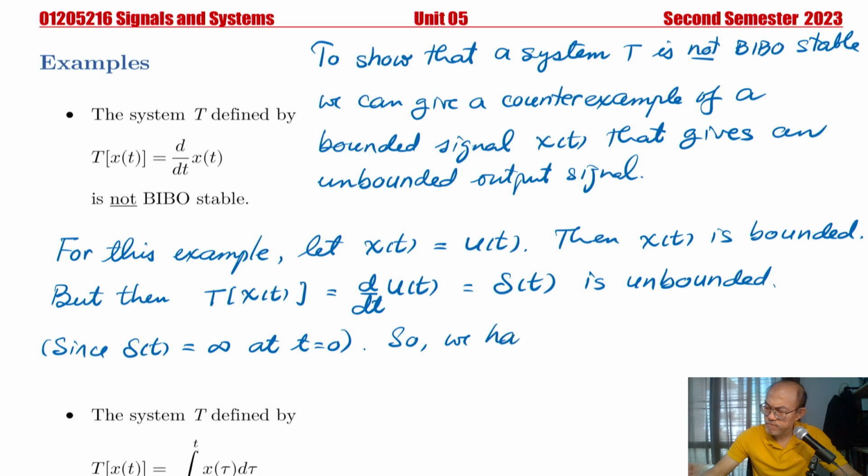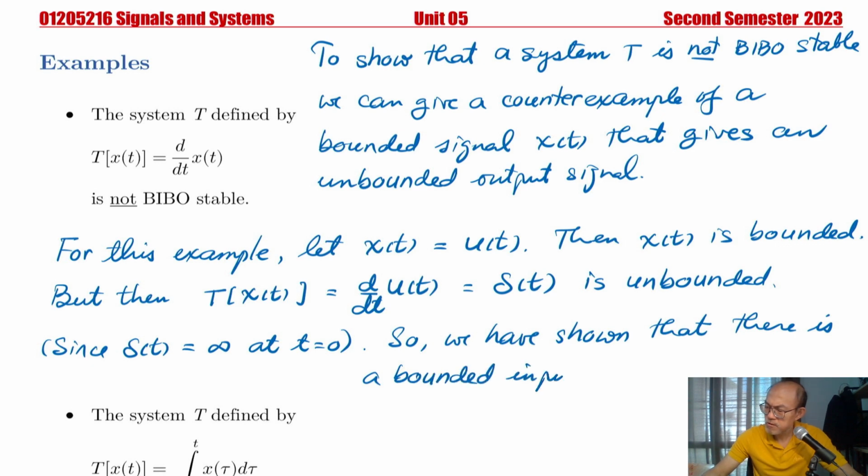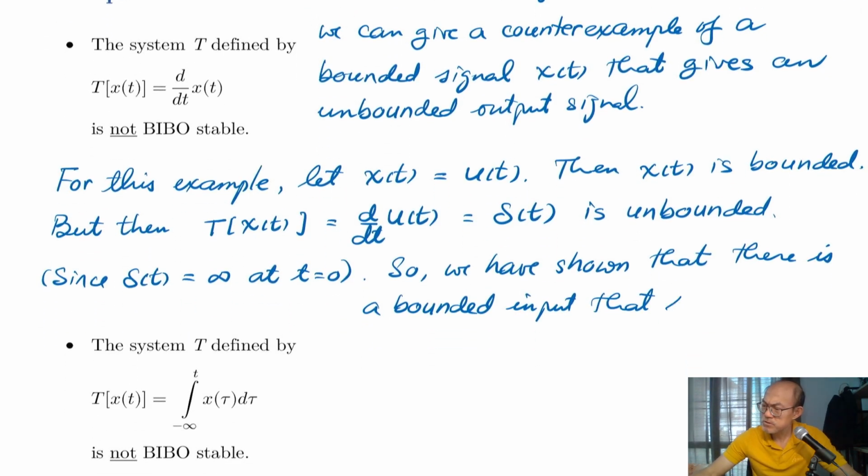We have shown that there is a bounded input that results in an unbounded output.